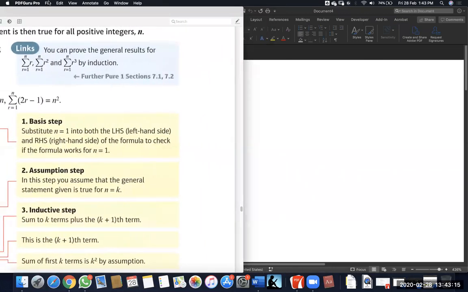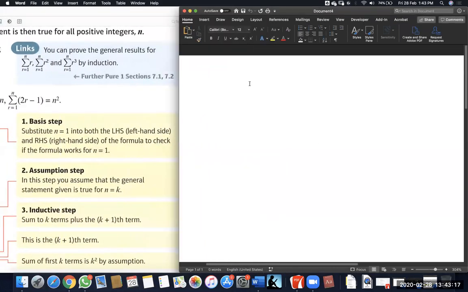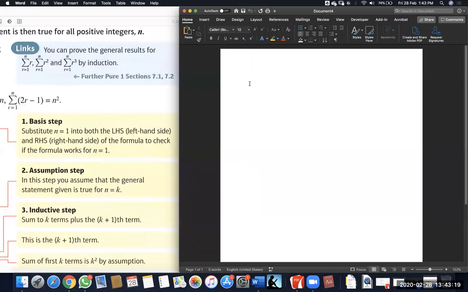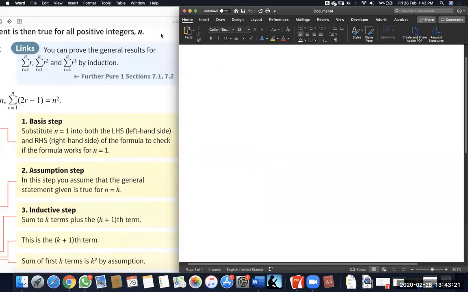So you want to show this formula. The first step is let P(n) be the statement: summation of (2r minus 1) equal to n squared. You need to copy down the formula. Okay, this is the first step.